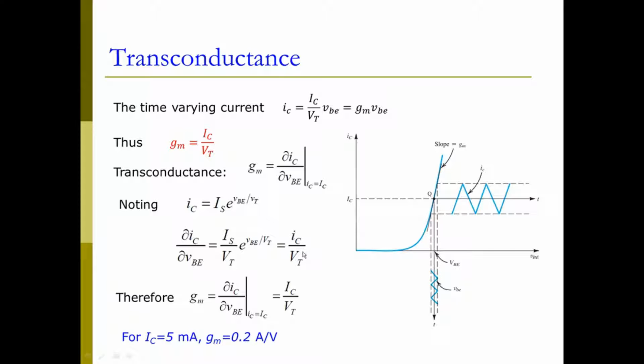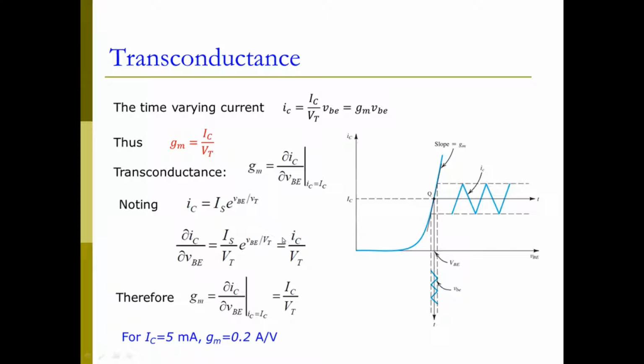We know this at a particular point, if we make iC equal to IC here, because this gm is defined only at that point. If we replace this small iC by capital IC, we get the same formula as we get from here.